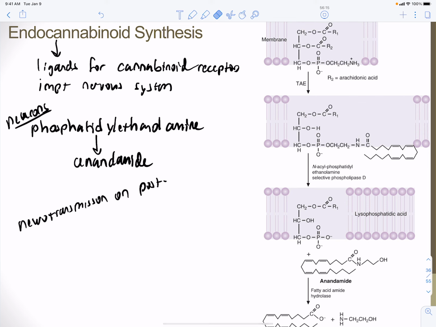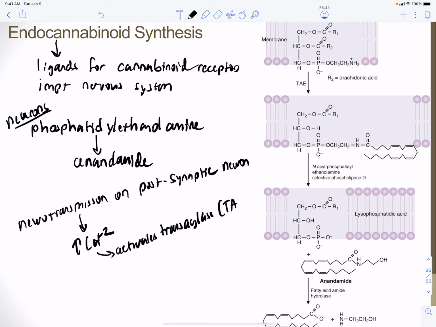So that's going to lead to the increase of calcium. Now the calcium influx is going to activate a transacylase, and that's TAE.